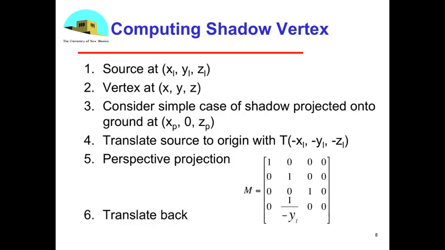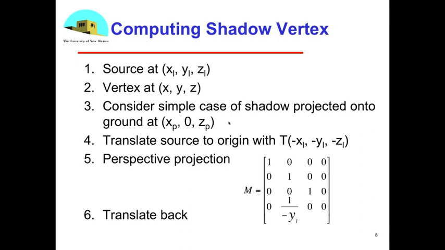So what we do is, if the source is at XL, YL, ZL, and one of the vertices of the polygon is at XYZ, we're going to cast the shadow onto this plane XP, 0, ZP, the plane Y equals 0, and I do that by doing a translation. Remember, this is again our strategy, which says, okay, convert everything to a problem you know how to solve, and do that by using some of our standard matrices.